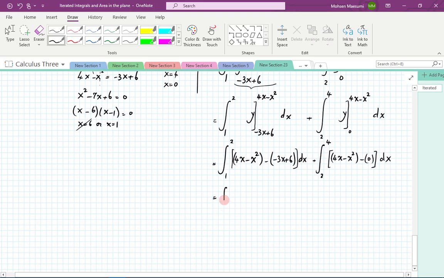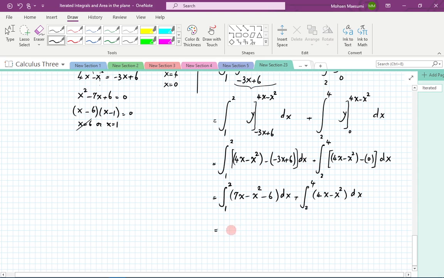So I'll have the integral from 1 to 2 of 7x minus x squared minus 6 dx, and then 2 to 4 of 4x minus x squared dx again.